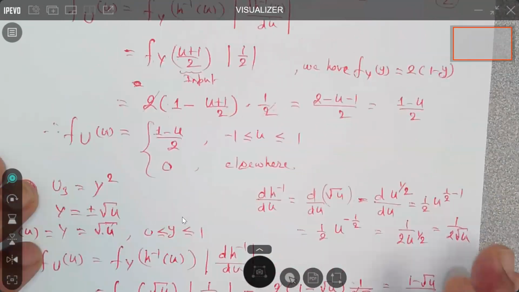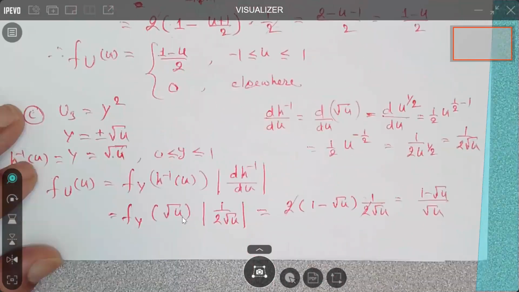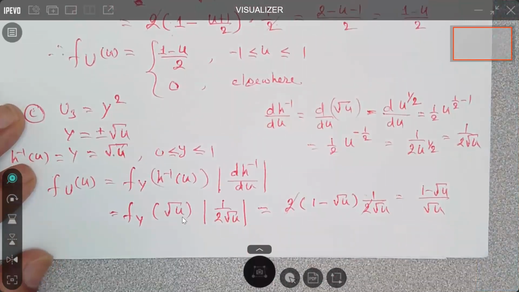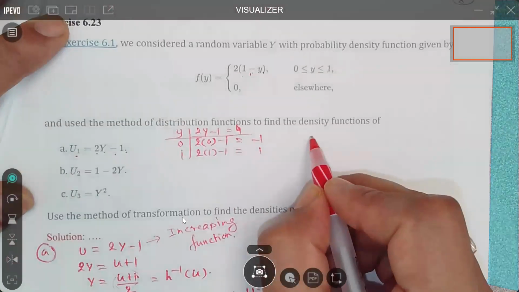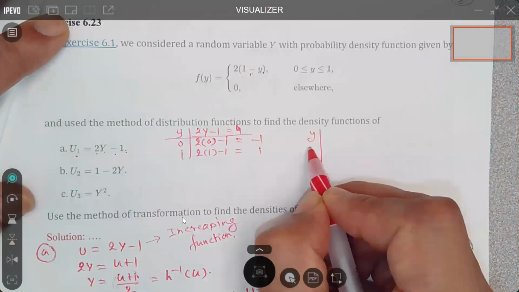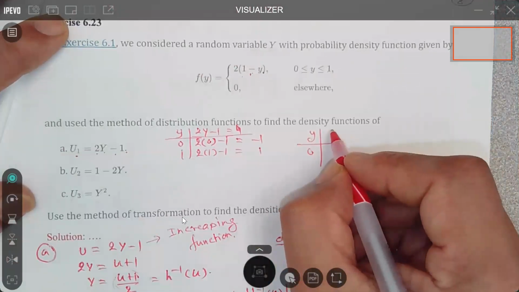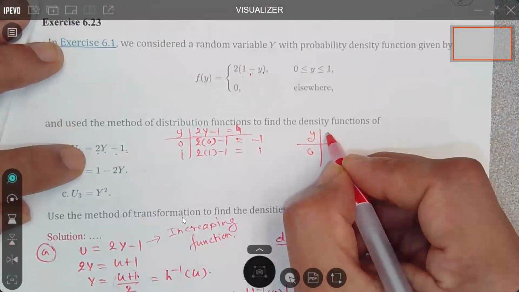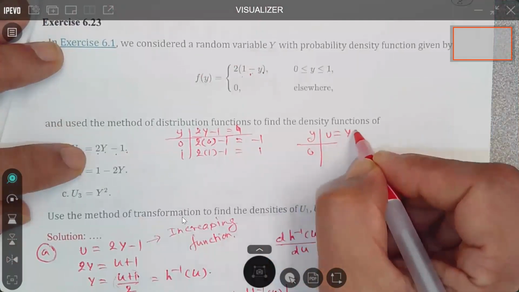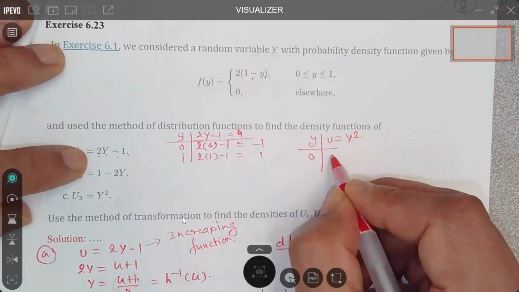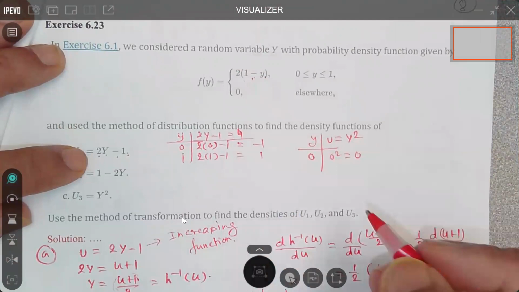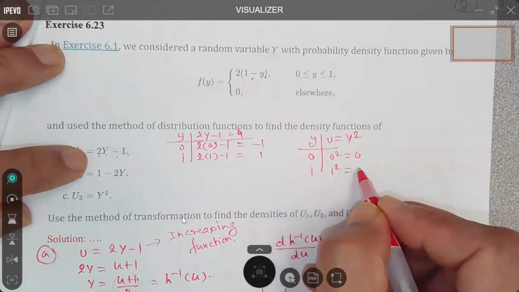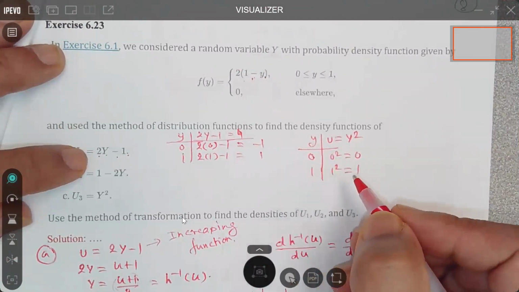Now what you do? Now you have to find the support for u. Now support for u. So y equals 0 and u equals y square, right? So 0 square equals 0, and 1 square equals 1, so it's 0 to 1.